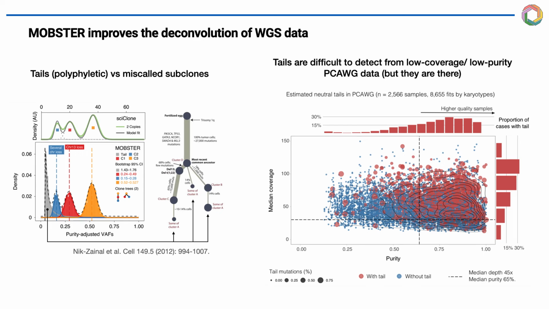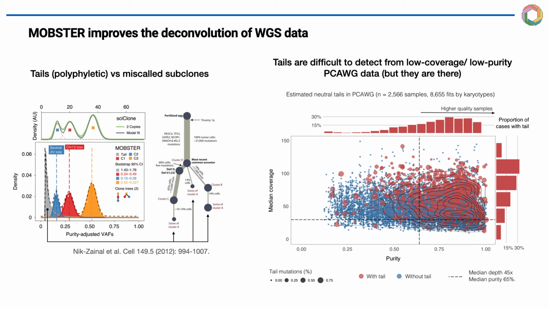This is the classical characteristic of a polyphyletic lineage, which is the definition of a neutral tail. This, we think, validates our inference and the fact that that cluster is not a third subclone in the sample, but is actually the neutral tail of one of the three clones in this plot.